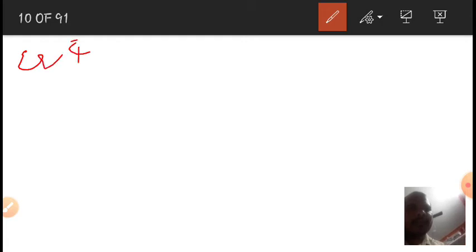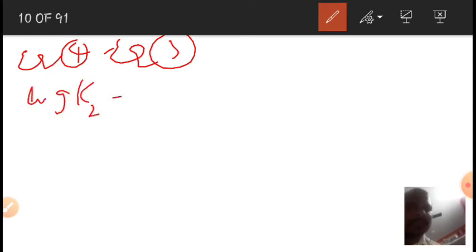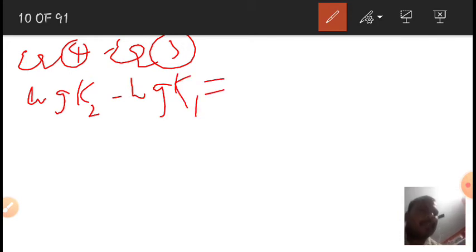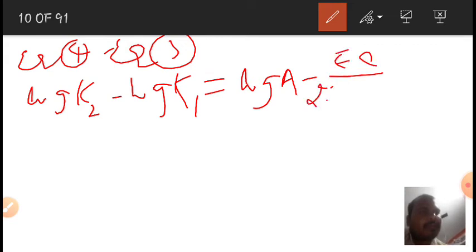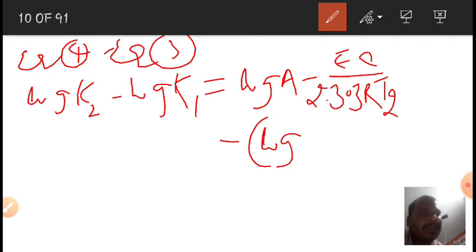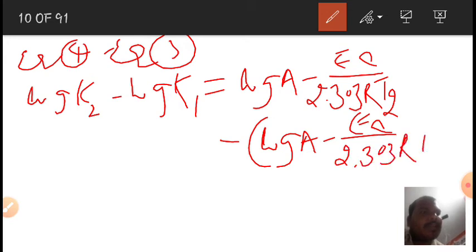On the left side there is log K2 minus log K1, and on the right side, log A minus Ea by 2.303 RT2 minus log A minus Ea by 2.303 RT1. Here log A minus log A cancels out.